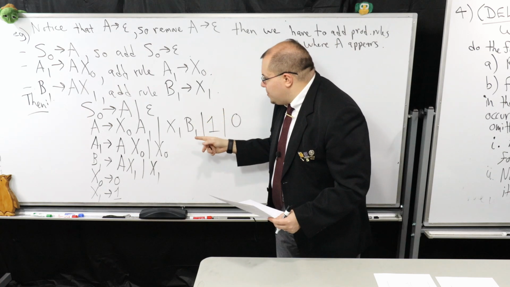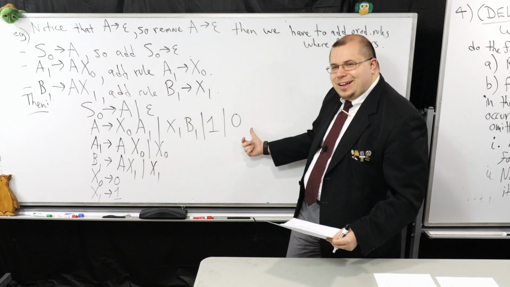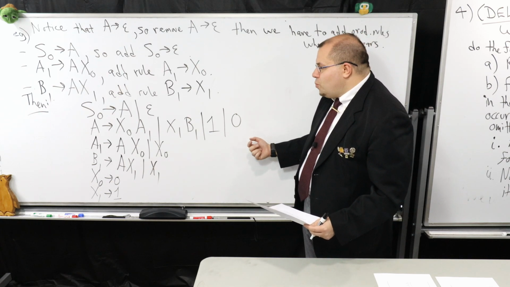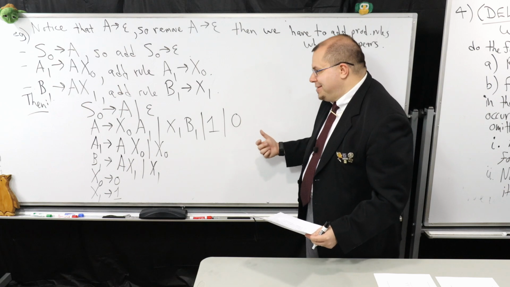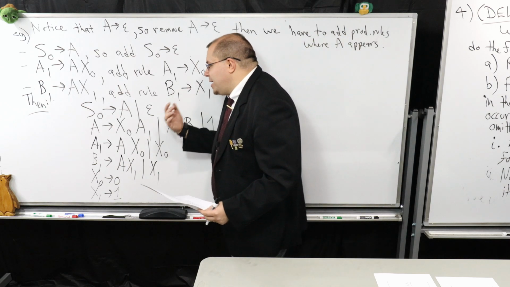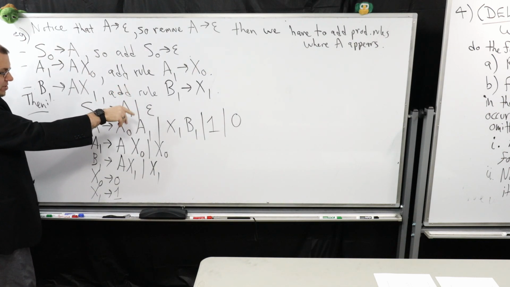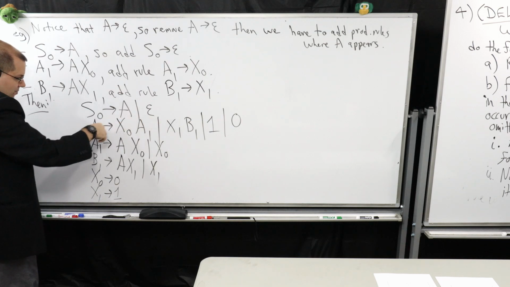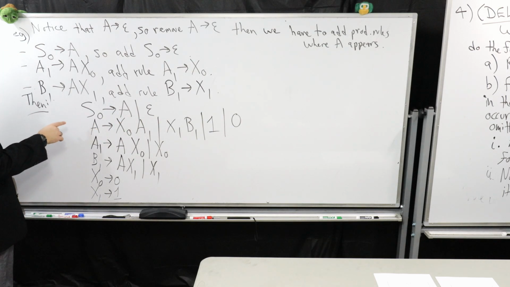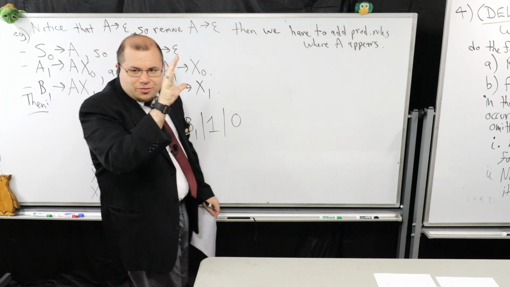Remember, before I had an epsilon sitting right here. And you might ask, Dan, where did it go? How does this work? Well, whenever I applied the rule A, I had the choice where I can include a 1 or a 0 or epsilon, or I can insert these. I very often use epsilon to terminate the generation of a string.